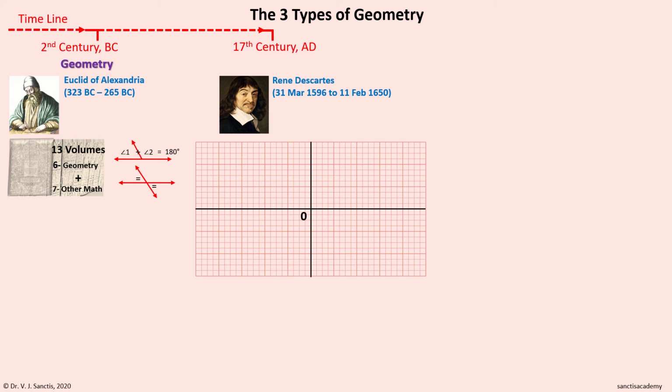For the horizontal line, the right hand side has positive values, and so on by taking broader paper, and the left hand side has negative values, and also so on by taking broader paper. The horizontal line is called the x-axis and is labeled x on the positive right side and x dash on the negative left side.